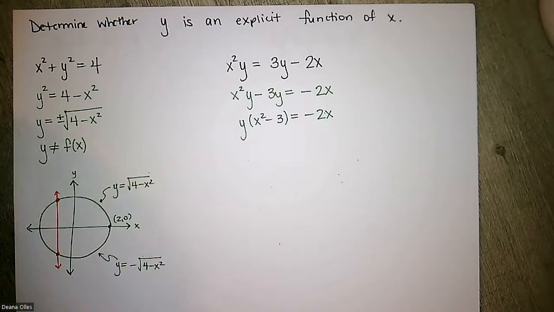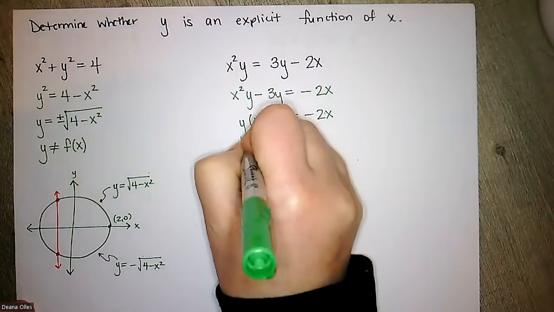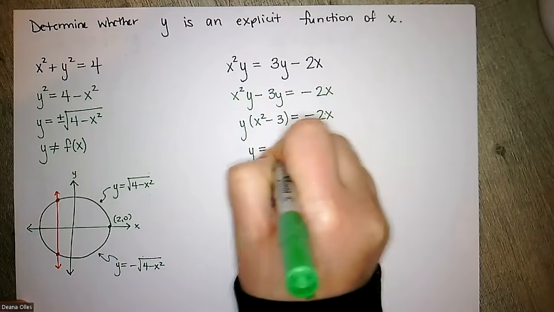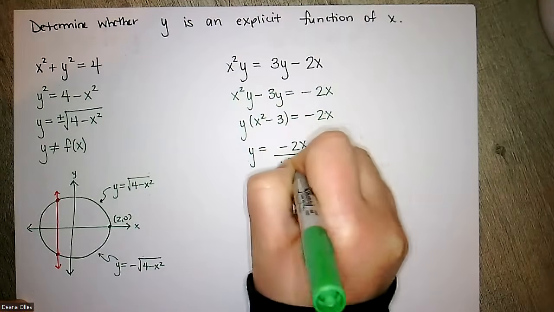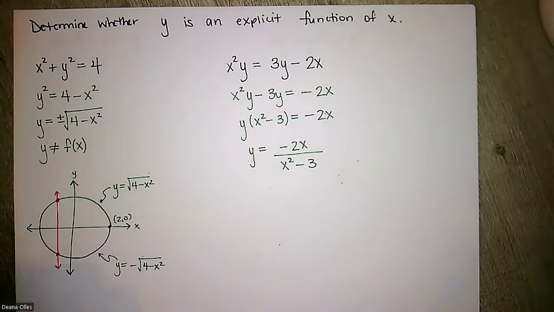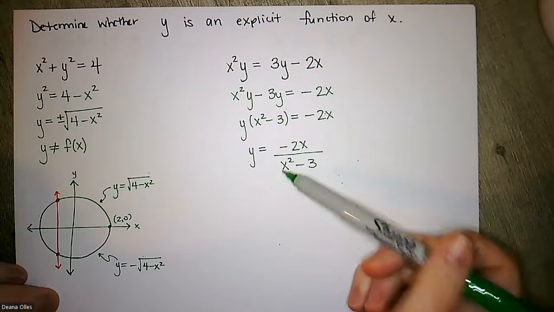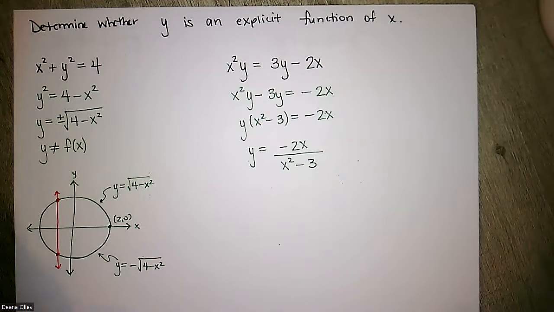Still trying to isolate y, but I'm multiplying it by x squared minus 3. So it's probably a good idea to just divide both sides by x squared minus 3. And I get y equals negative 2x over x squared minus 3. So I was able to isolate y, and for that matter, any x value I plug in here is only going to give me one y value.